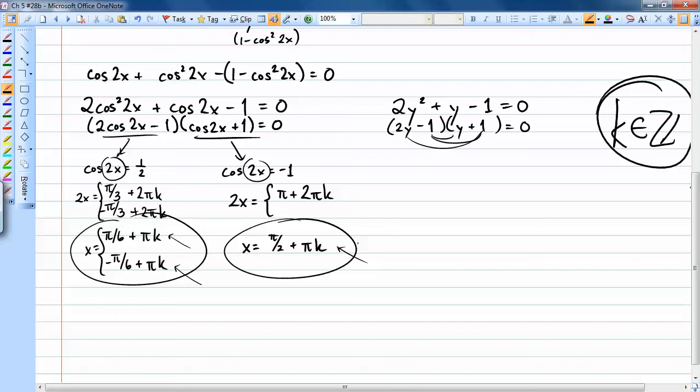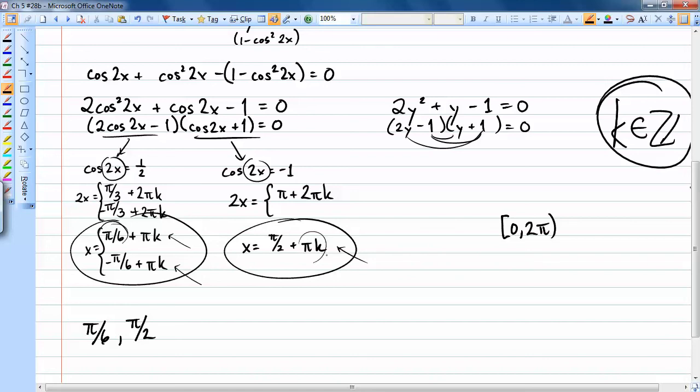So none of those are going to be in my 0 to 2 pi range. So -1's no good. If I plug in 0, I get pi over 6 for that first equation. I get negative pi over 6 for the second one, and I get pi over 2 for the third one. Oh, sorry, if I plug in 0 into here, I get pi over 2. Yeah, that's right.